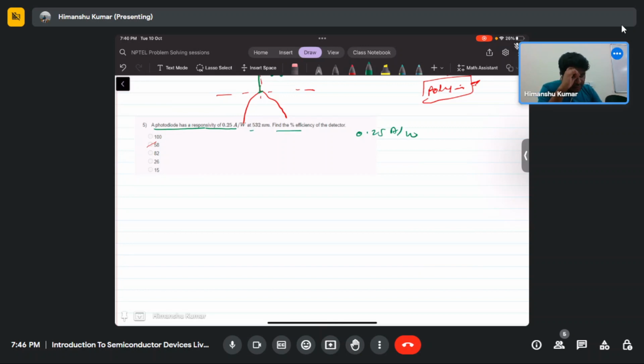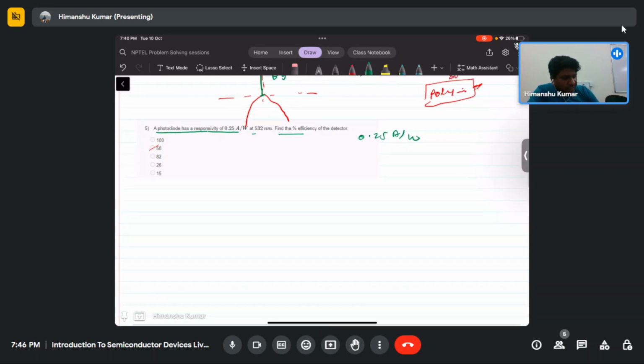So if you shine 1 watt of light, it is generating 0.25 ampere current. This is the responsivity: for 1 watt of light, it's giving this much current.